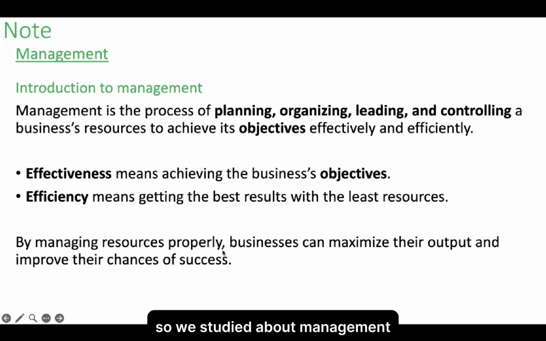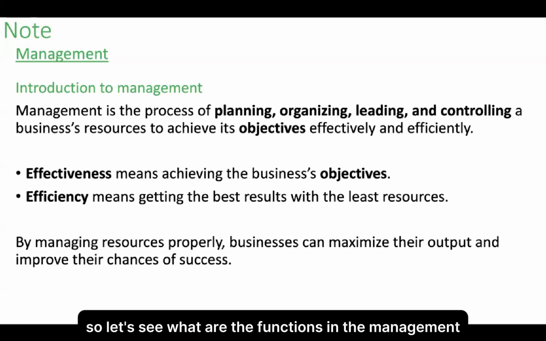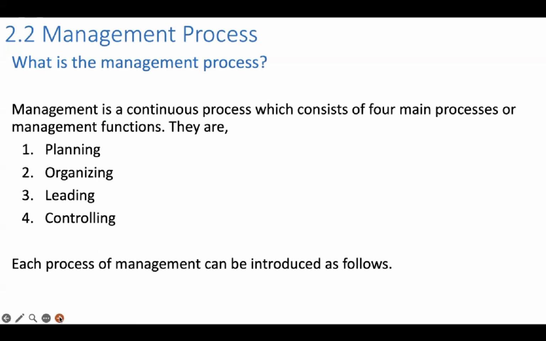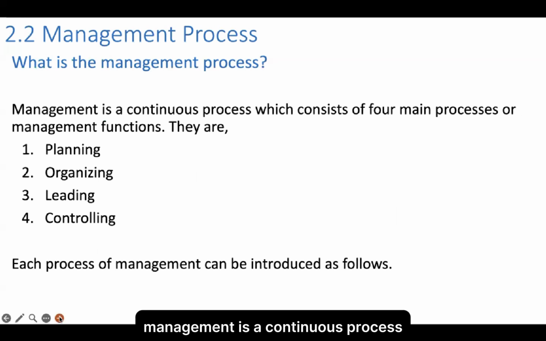Okay, so we studied the definition of management, and effectiveness and efficiency. So let's see what the functions of management are. What is the management process? Management is a continuous process which consists of four main processes or four management functions. They include planning, organizing, leading, and controlling.